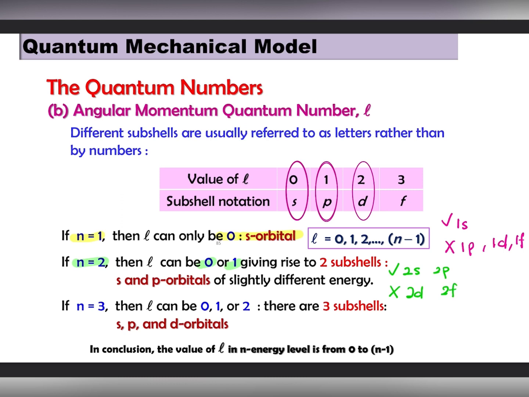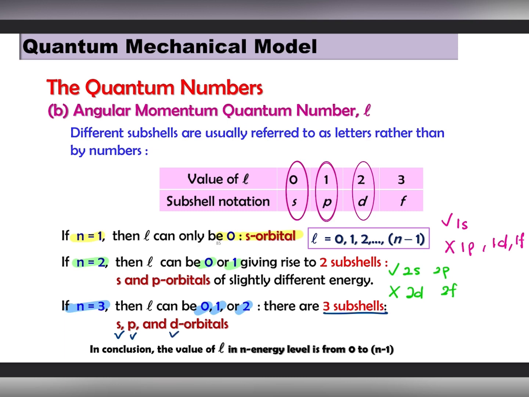It can't exist. Next, if you have N equals 3, then value of L could be 0, 1 or 2. So maksudnya it can give rise to 3 subshells. So 3 subshells dekat sini bermaksud boleh ada S, P dan D orbital.